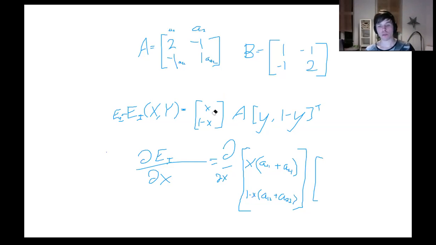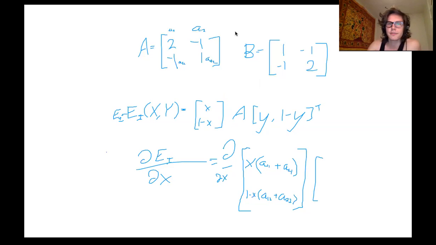Okay, so you do have the T there on the y vector, so that's good. But the x vector should also have a T. Yeah, they should both be row vectors.